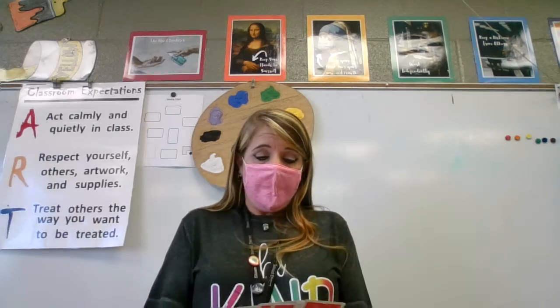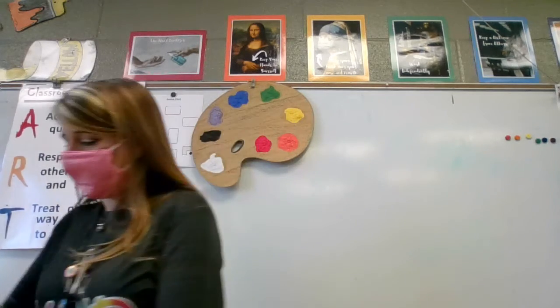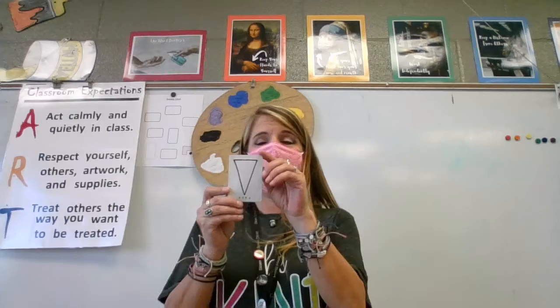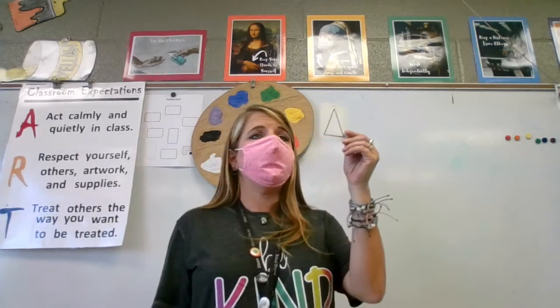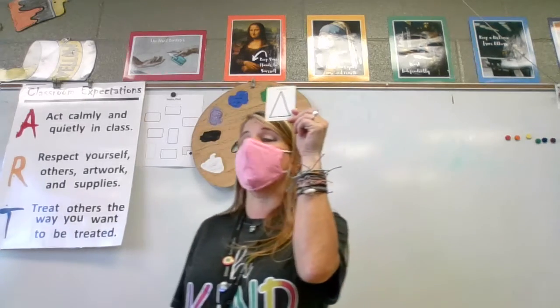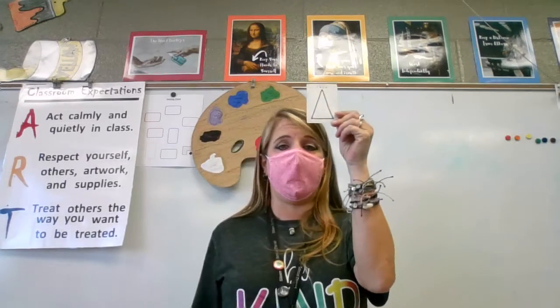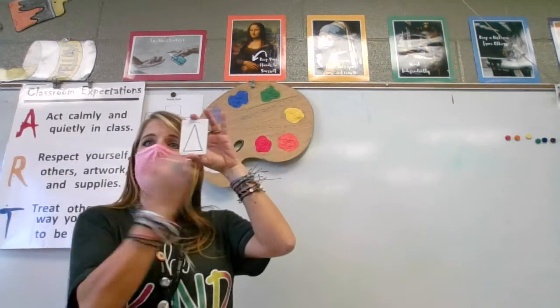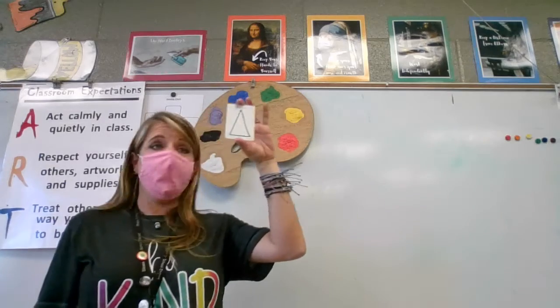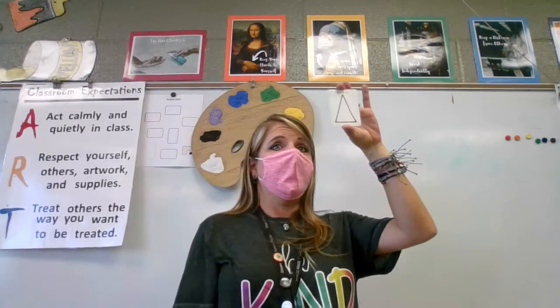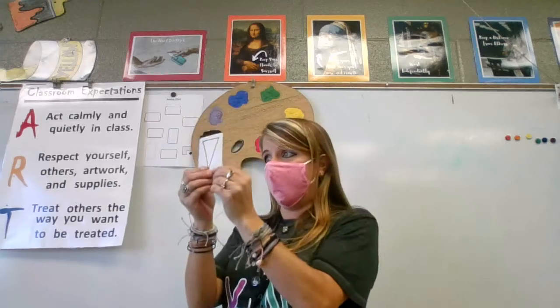I'm going to do one along with you when we get the paper out. But for instance, if I were to pull this card, this would be for the shape of the face or the head. And you see it's a triangle. Now on the card, the point is at the top, the flat part is at the bottom. You could draw it like that on your page. Or you could turn it.